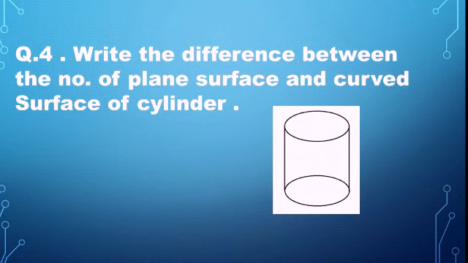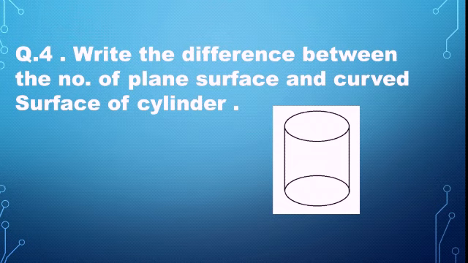Write the difference between the number of plane surfaces and the number of curved surfaces of the cylinder. See, the cylinder looks like this. I have given the diagram here so that you can easily understand how many plane surfaces and how many curved surfaces there are.